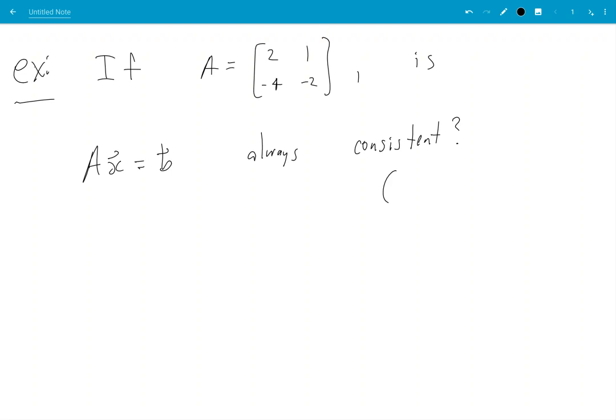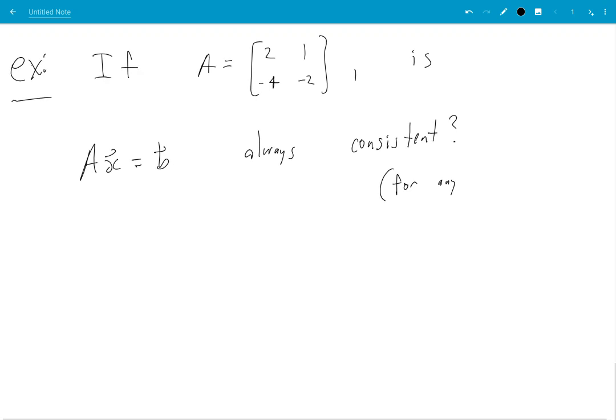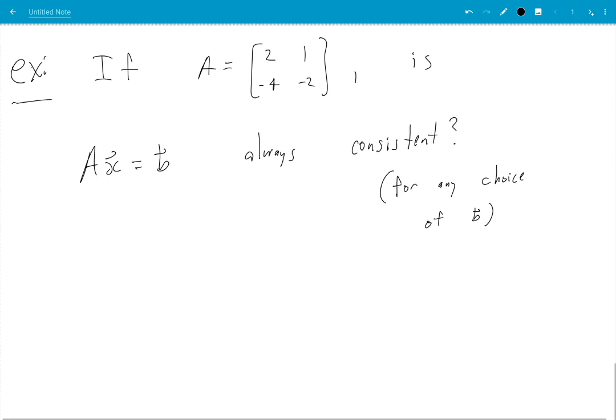So always meaning for any choice of the vector b. So is the matrix equation consistent, always consistent?